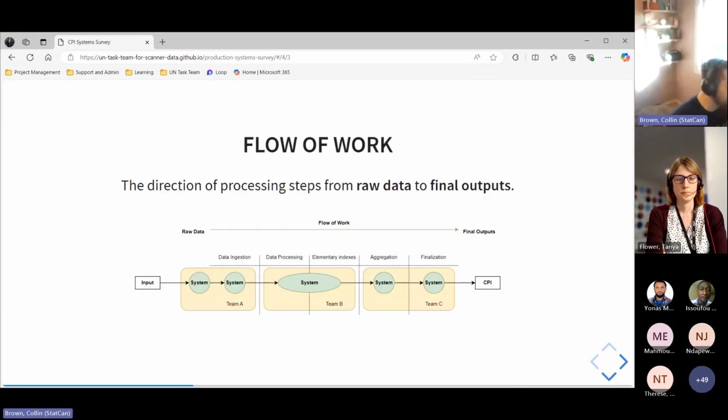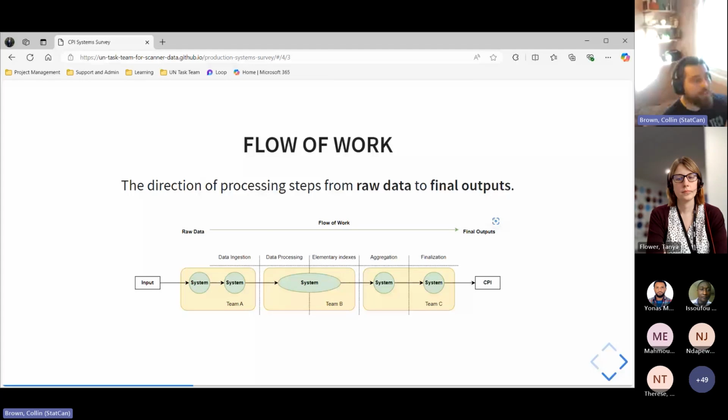No, that sounds about right. So basically, where is the boundary? In your example, the boundary might be where you have different Excel workbooks. If I'm understanding you correctly, you have a data collection step where you go into the store and take note of the price of the product. You enter that into an Excel workbook, and then another team does validation and index calculation.